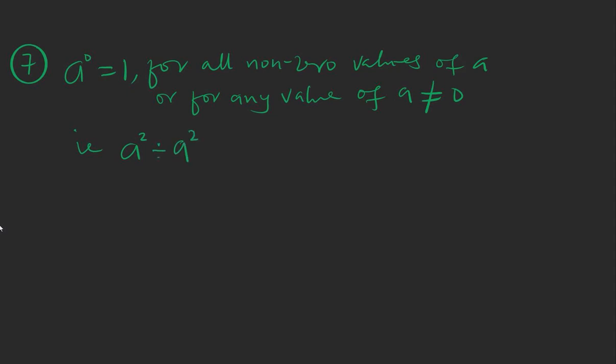For instance, you have a number a raised to the power 2 divided by the same a raised to the power 2. Using the second rule, it will be a raised to the power 2 minus 2, which is equal to a raised to the power 0.